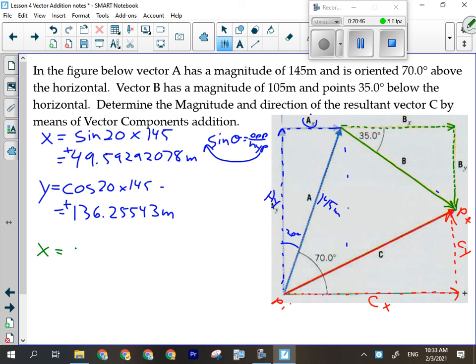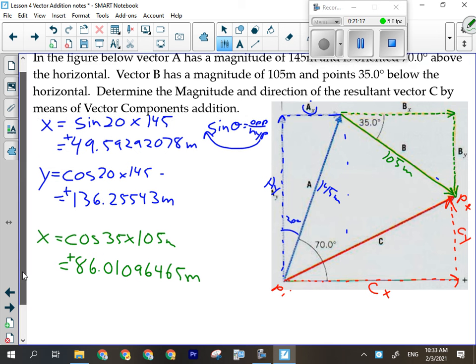So green x will be the cos of 35 times 105 meters. So that's 86.01096465 meters, and that's also positive because it's going to the right.